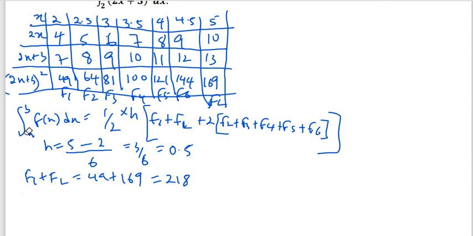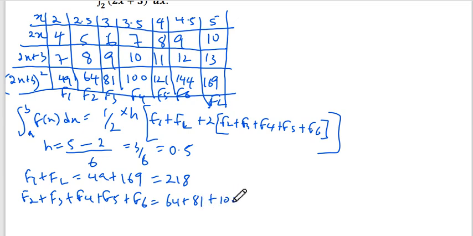So that will be 64 plus 81 plus 100 plus 121 plus 144. Sorry, 169 is not inclusive, since that's the last ordinate, so we stop at 144. That's the remaining ordinates. It gives us 510.